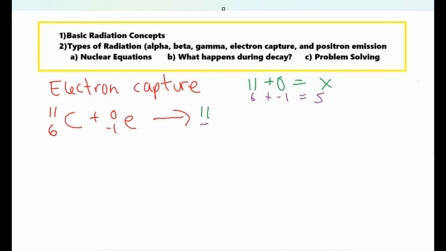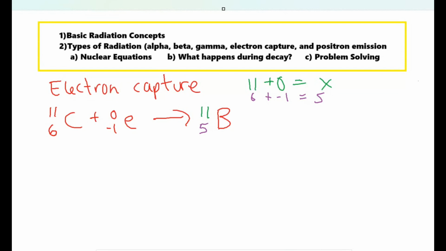So that changes our atomic number to 5, and then we would find 5 on the periodic table. And if we found 5 on the periodic table, that would give us boron. So it's kind of similar to beta decay, except instead of having the electron on the right side of the arrow, we have the electron on the left side of the arrow because it's absorbing an electron and converting that proton into a neutron because of its unstable nucleus.